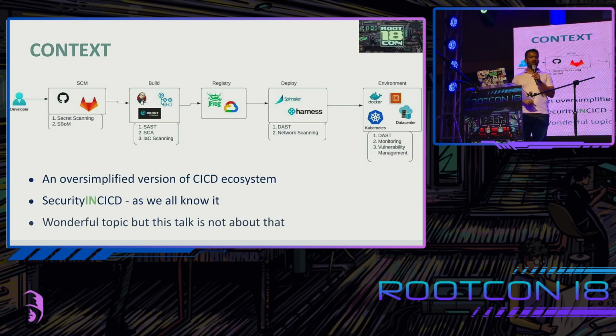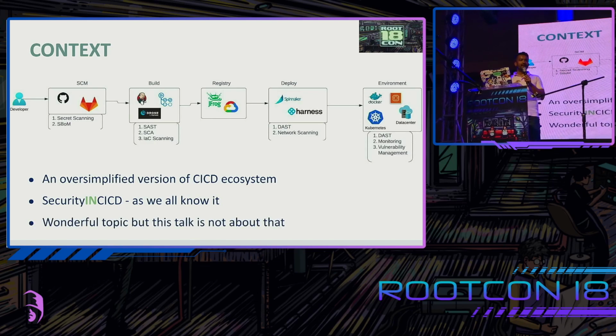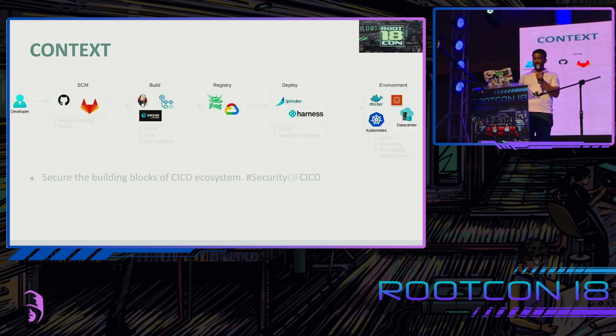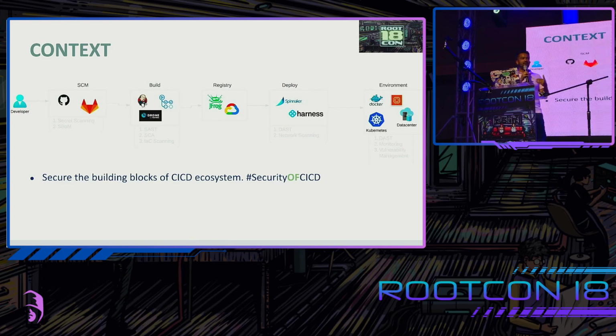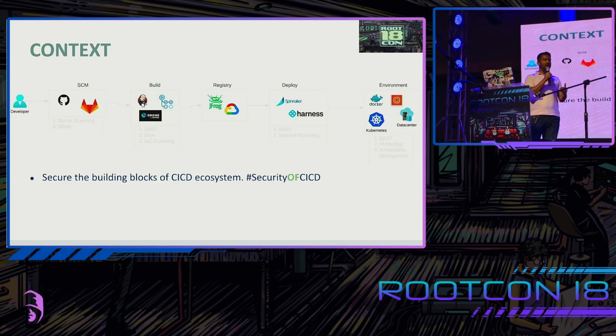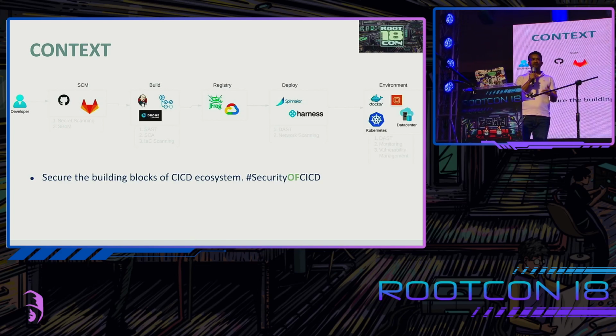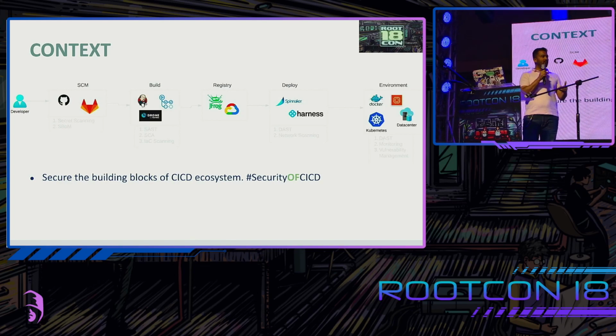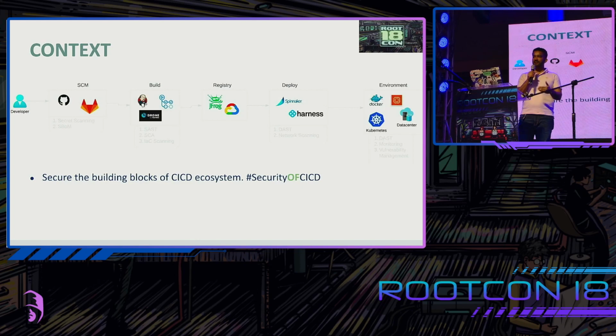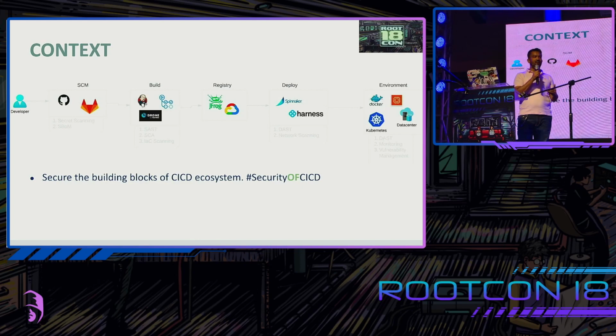It's a great topic, but today I'm going to speak about a related topic, which is security of CI/CD. This is not about how we integrate security controls within the CI/CD pipeline. It's about whatever components make up your CI/CD platforms, and how we secure those building blocks.